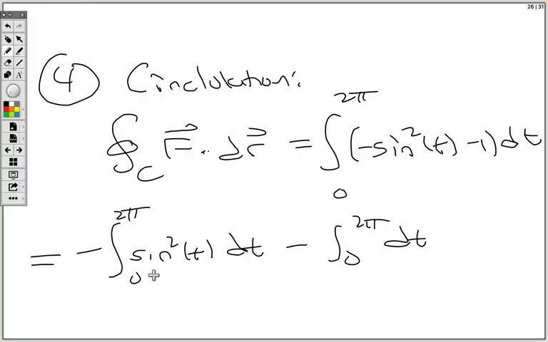And we won't go through the details, but how would you attack that one? What would be your process to figure that out? If you had to integrate that.